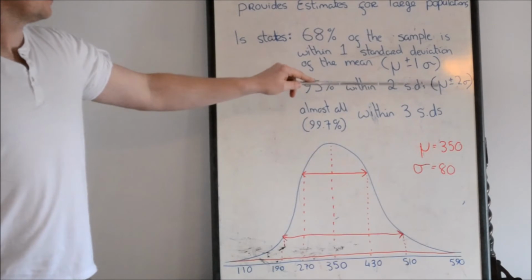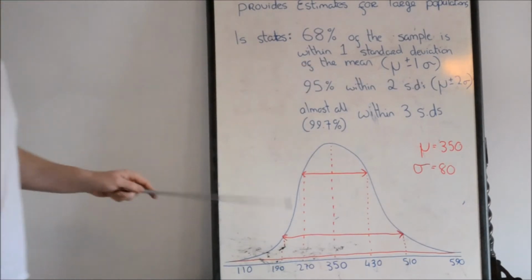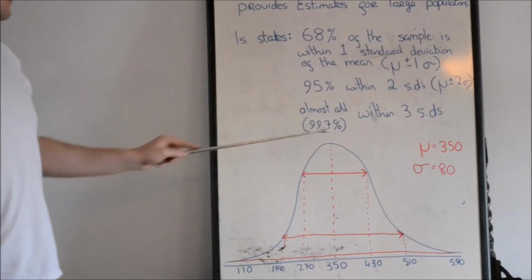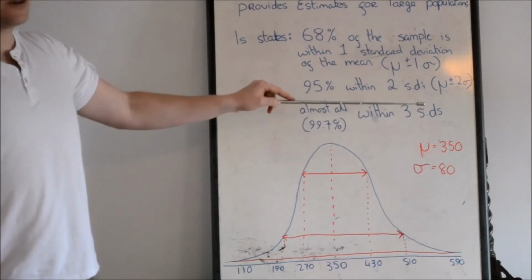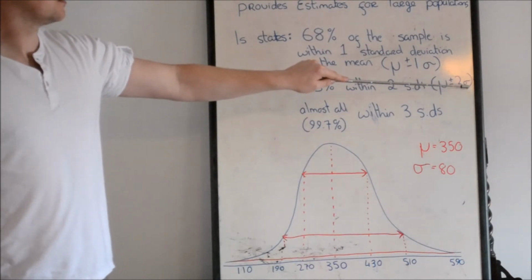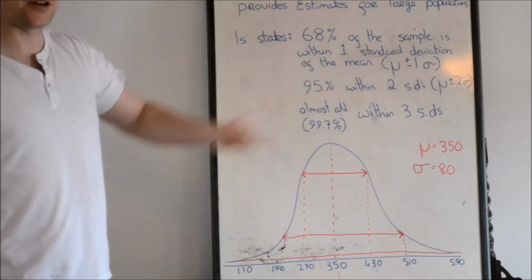So if you look at here, here's the mean, plus or minus two standard deviations. And almost all, around 99.7ish%, are within three standard deviations. So if you were to write it in mathematical terms, it would be mean plus or minus 3 standard deviations.